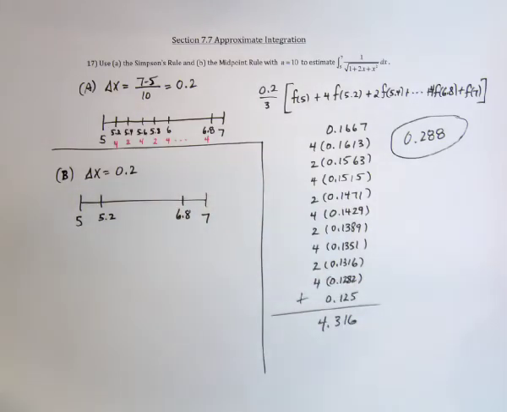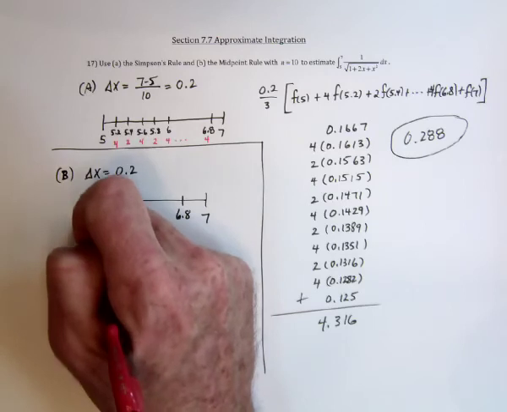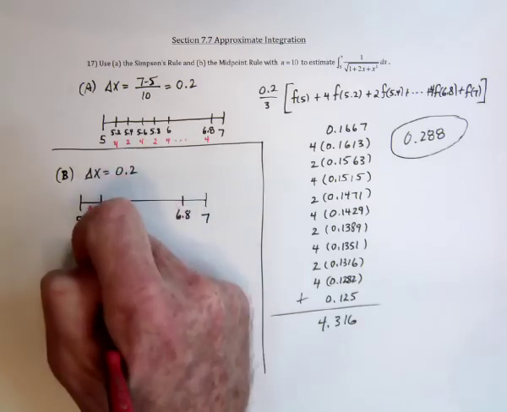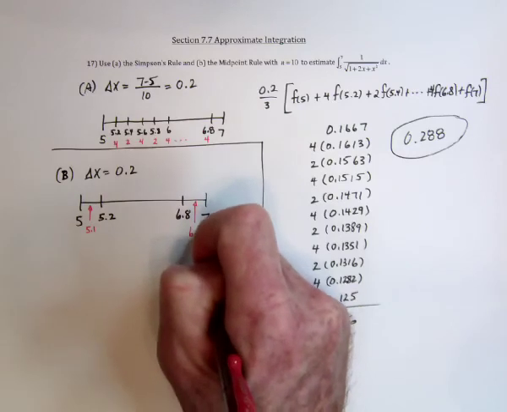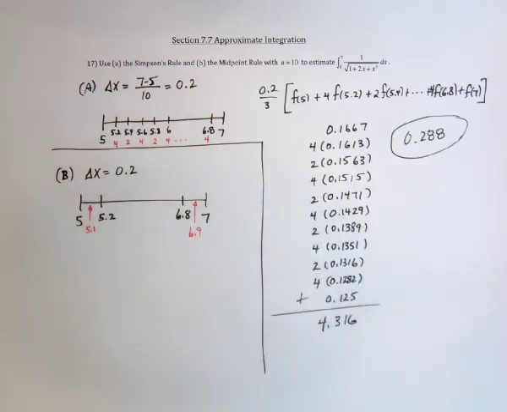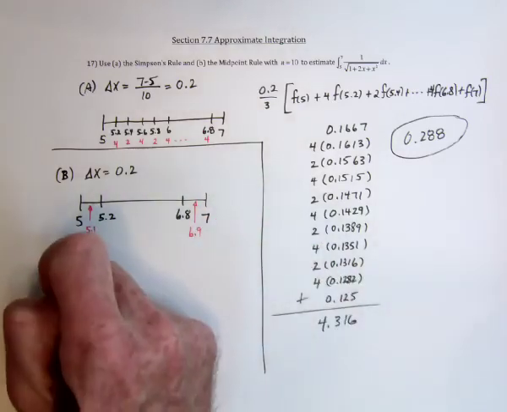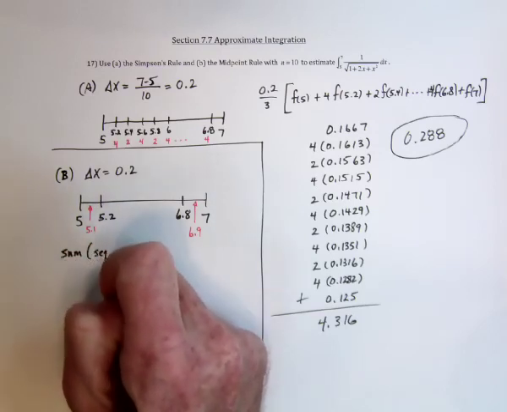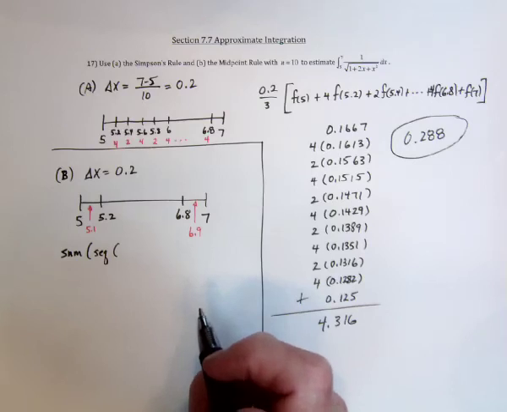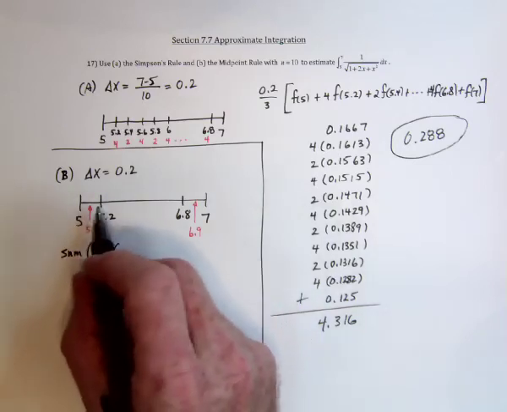Then you just need to know the midpoint in here would be 5.1. The midpoint in here is 6.9. And we can have the calculator add this one up for us. Sum the sequence. The width of each one of these is going to be 0.2.